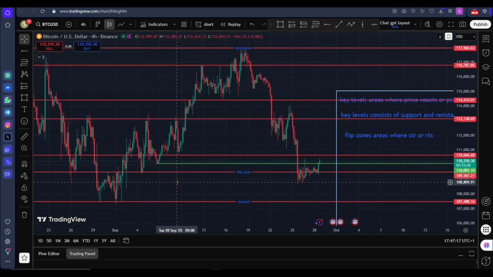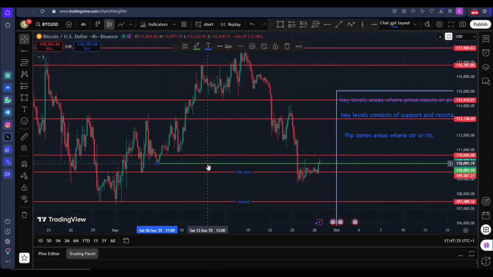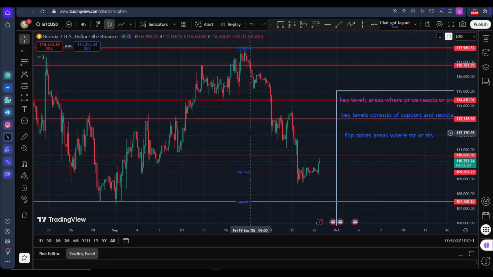This week I use it as my demand zone, and it's going up. But I'm not here to talk about demand and supply, so let's keep it on point, on topic.